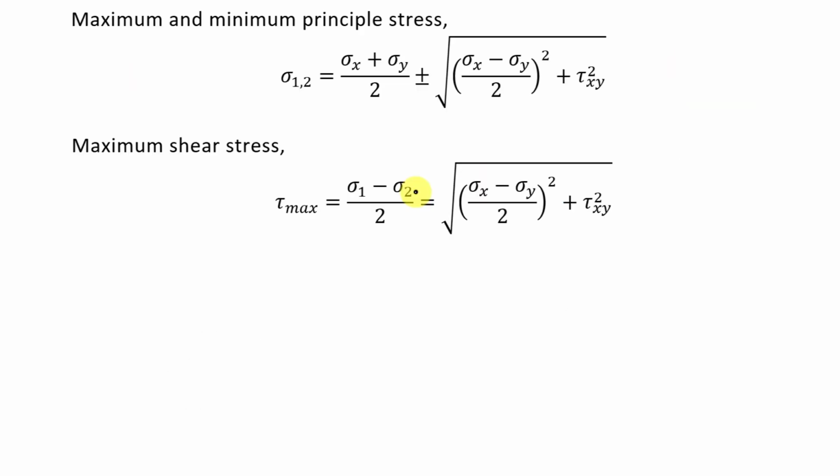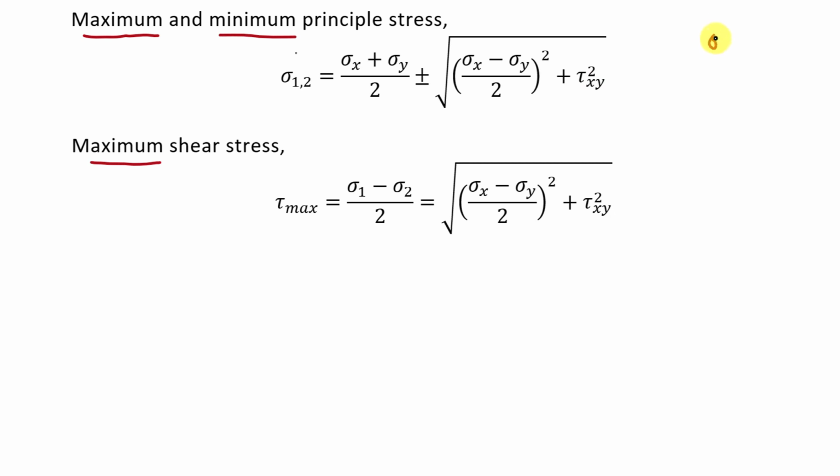Fine? Now from here you have to remember two other formulas, that is the formula of maximum and minimum principal stresses on the body, and the other formula is maximum shear stress on the body. Here in this equation, sigma 1,2 is equal to (sigma x plus sigma y) by 2 plus or minus root of ((sigma x minus sigma y) by 2) whole square plus tau xy square.